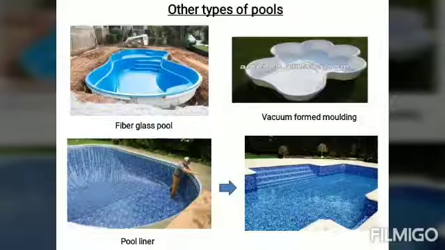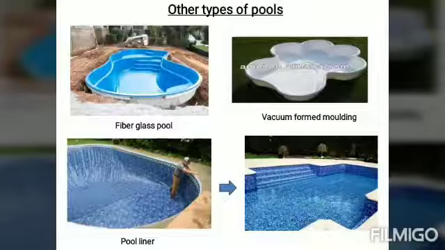The next is vacuum form molding. You can see here there is something like a small bathtub. When I was searching for the picture, it showed examples like bathing dogs and all.